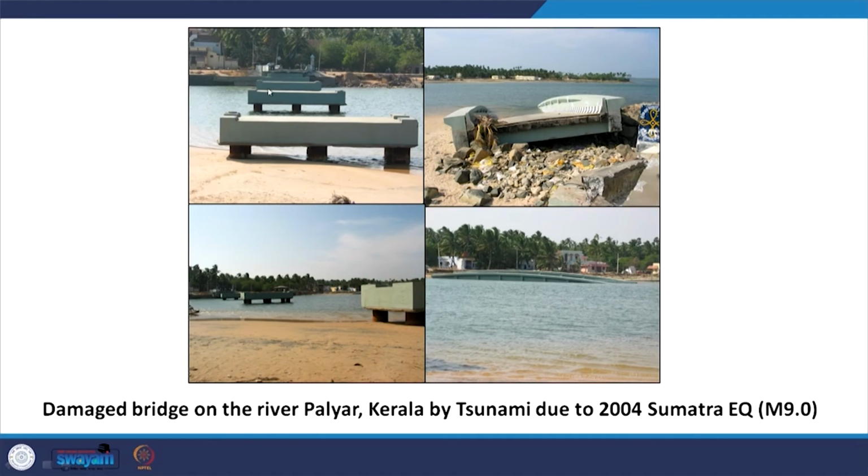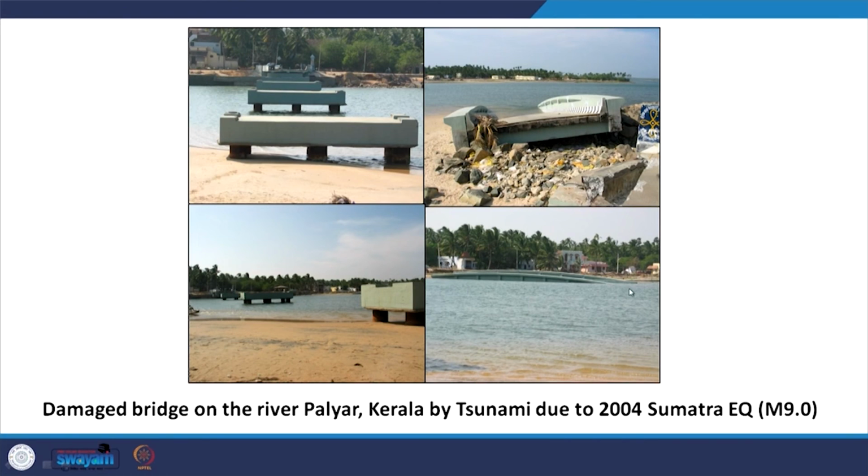There were 4 spans of the bridge, and you could see there was not even a single span left; all were washed out. Interestingly, this bridge was newly constructed, not even 1 year old when we visited in January 2005. One of the spans had moved about 20 meters away, and you could see it lying here.